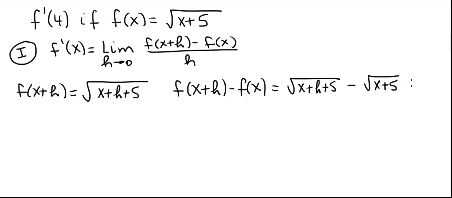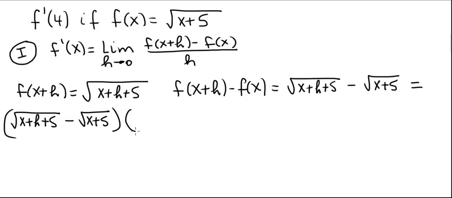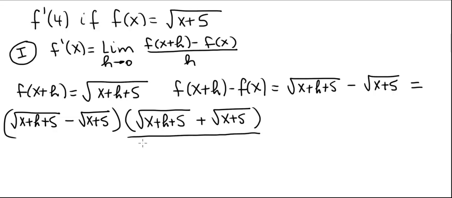Now we want to free up the h, so we're going to multiply this difference, the square root of x plus h plus 5 minus the square root of x plus 5, by its conjugate, which is the square root of x plus h plus 5 plus the square root of x plus 5. And of course we divide by the very same thing so as to not change the problem.